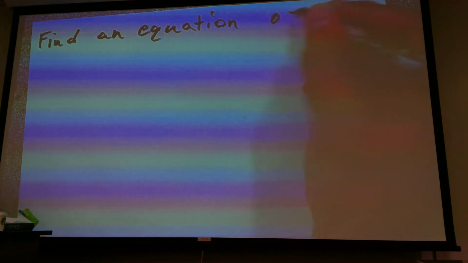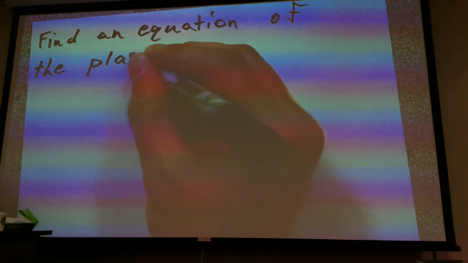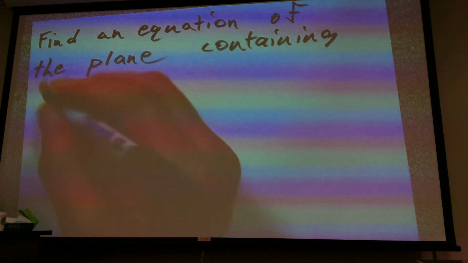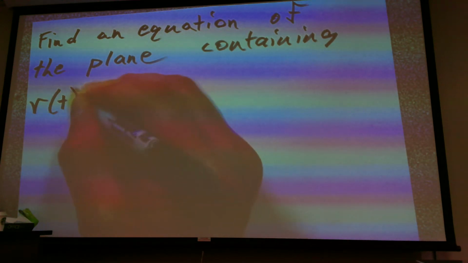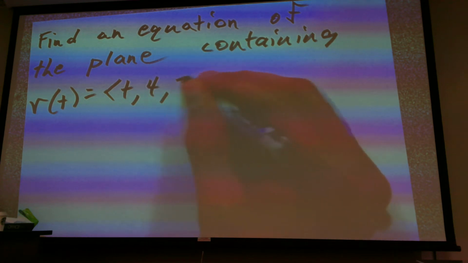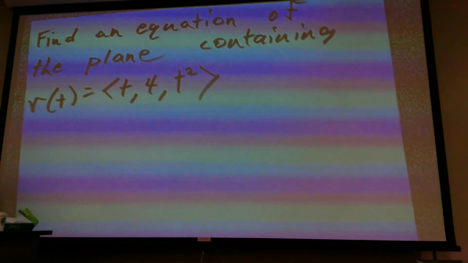So let's find an equation of the plane containing a curve. All right, so we're going to say r of t equals t, 4, t squared. Okay, so now we're talking about something in 3D.